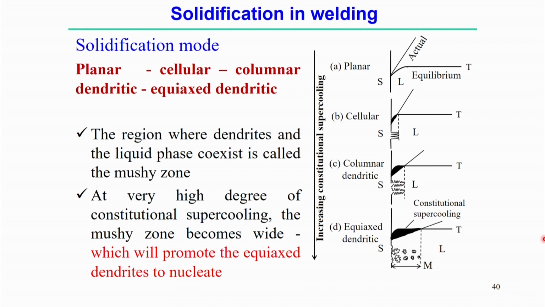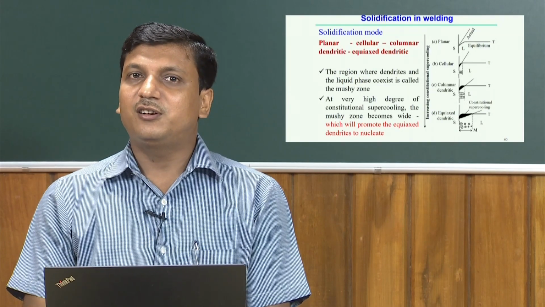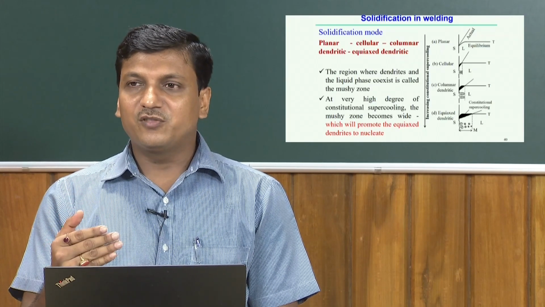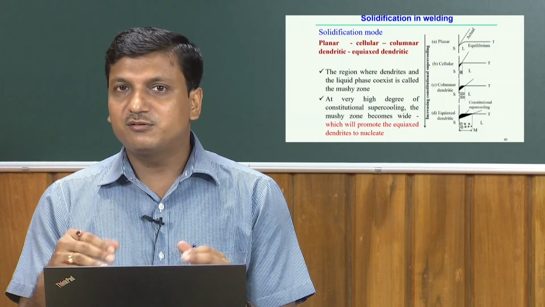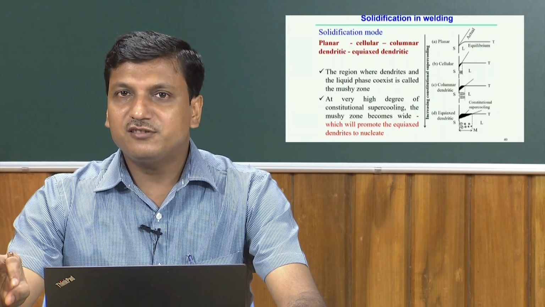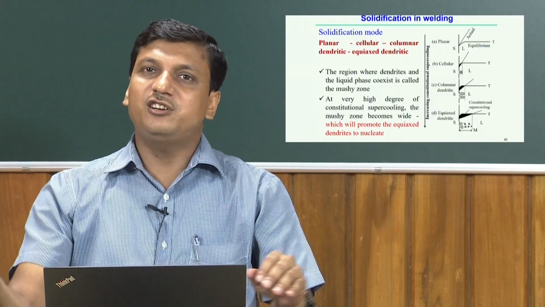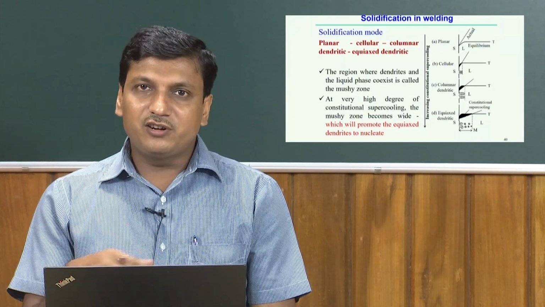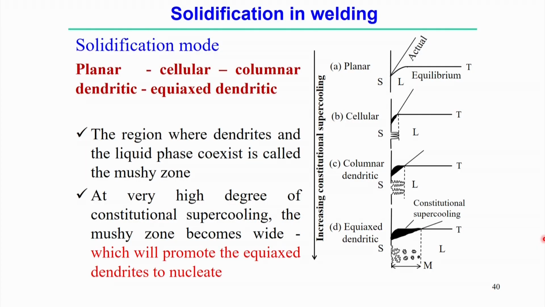It is also necessary to mention that these two parameters, G and R, that is temperature gradient and growth rate, mathematically define the mode of solidification and at the same time also define the rate of cooling. The rate of cooling decides whether a fine or coarse structure is produced during solidification, and the solidification mode decides the type of structure: planar, cellular, columnar dendritic or equiaxed dendritic.